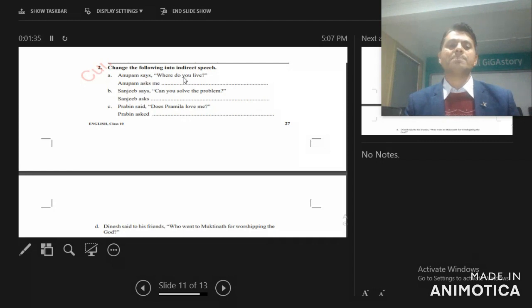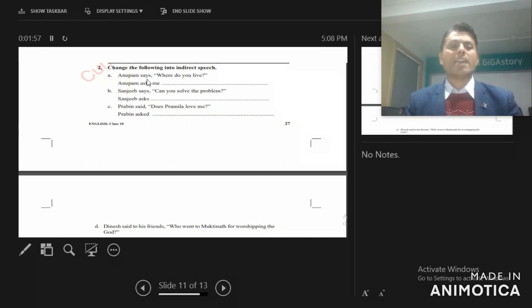Here is a question mark. So obviously, Anupam asks. We don't write asked. Why? Because there is simple present tense, so we write asks. Anupam asks.